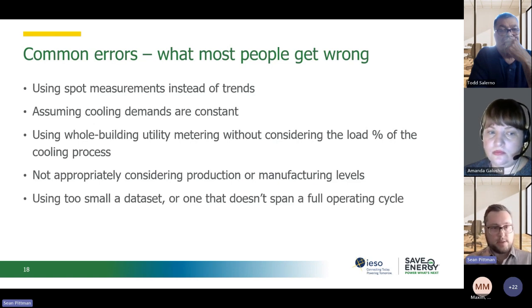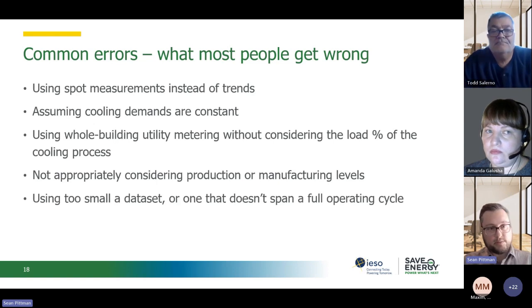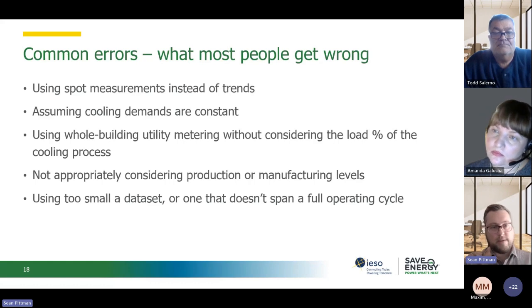Similarly, assuming cooling demands are constant. They may be very production driven, but they may not be constant all the time. Are you going to have a change in your production line that's going to affect what those cooling demands are? You can use whole building utility metering to estimate your process cooling load if that load is a significant portion of your total utility meter, but only if it is significant.